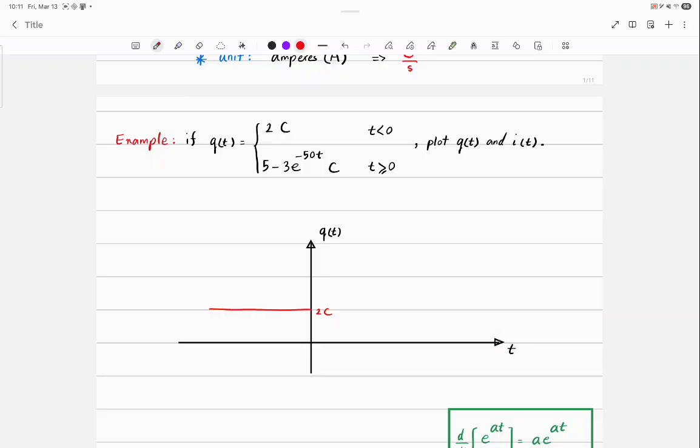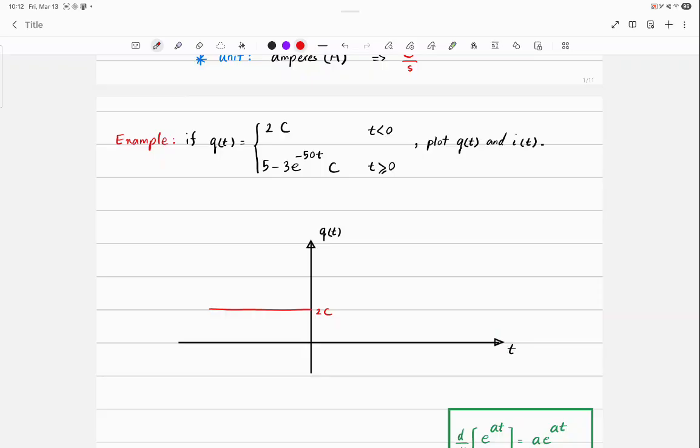What happens if t approaches infinity? Think of a very big positive number, right? Look at the exponent: negative 50 times a very big positive number. It's a very big negative number, right? And what is e to the power of a very big negative number? How do you handle a negative exponent? 1 over the positive exponent, right? 1 over e to the power of a very large positive number.